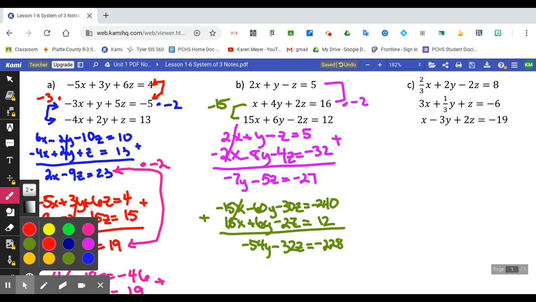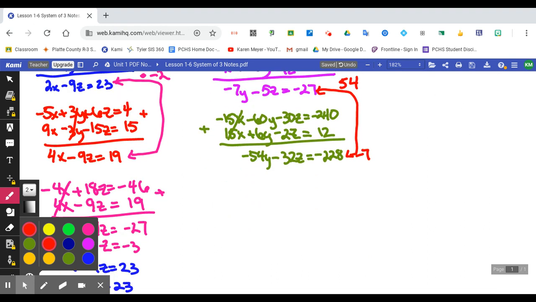So now our job is to put together the two equations that have just two variables, y and z, and we get to pick one to cancel out. So this one, there's no easy one, so I'm just going to choose y. To make this happen, I have to multiply the top one by 54 and the bottom one by -7. So that will give me -378y minus 270z equals -1458.